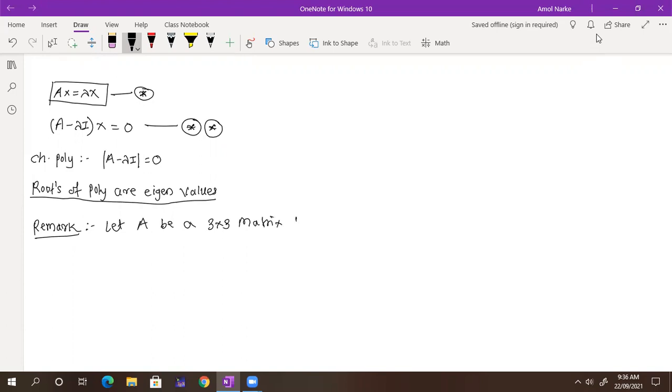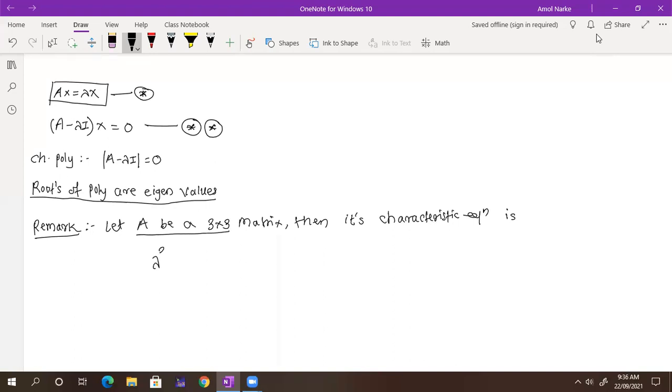Then its characteristic equation is, if your A is a 3 cross 3 matrix, then you have directly a characteristic equation.